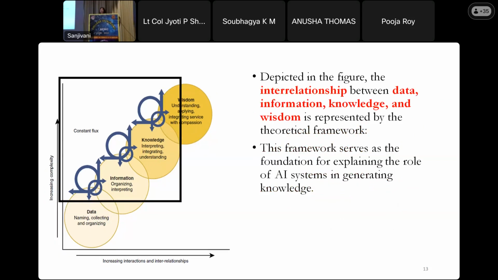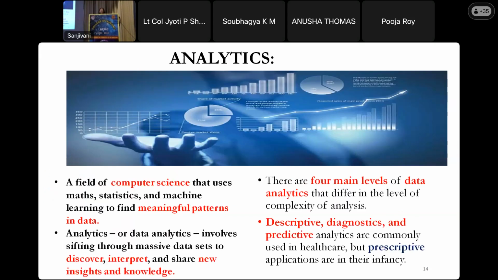If you see, this is all interrelated to one another. That means the data, the information, the knowledge, as well as the wisdom are interwoven with one another. Now when we talk about analytics, what is analytics? As we know, it's computer science, like your maths, your statistics, and your machine learning, which gives you a meaningful pattern to your data.